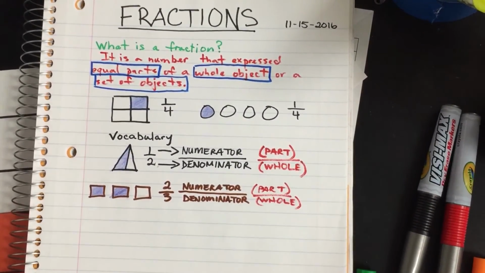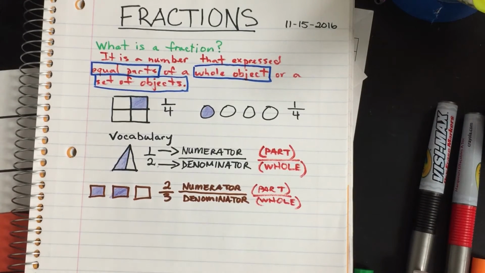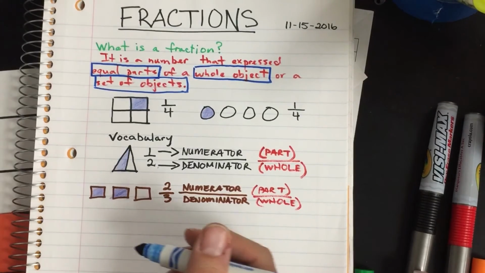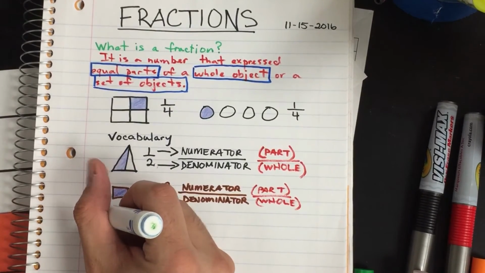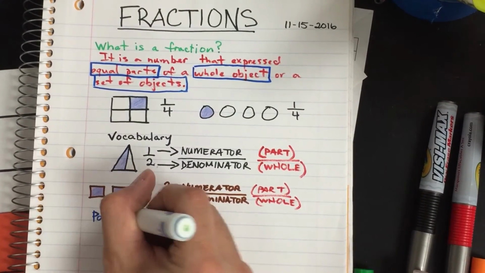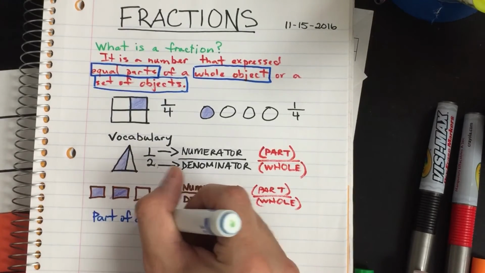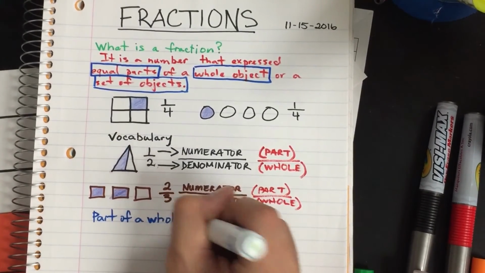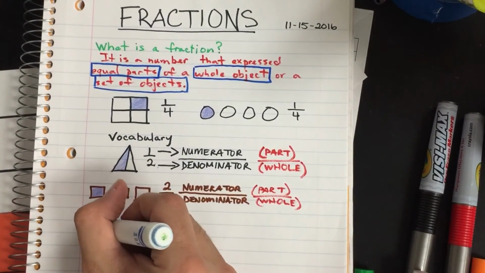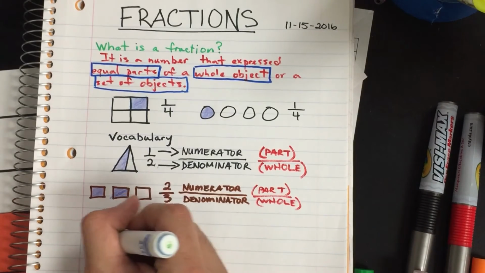Okay, so now we're going to take it a little bit further. What we're going to do for this one is it's going to be part of a whole, and you'll see what I mean. We're going to do 6 squares.